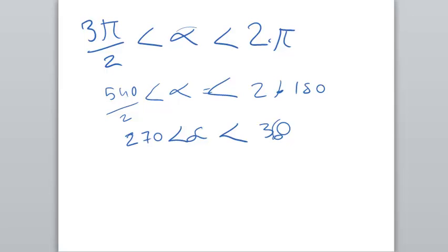The question says that angle beta, or you could say A or Z, I'll just use A for this. So angle A is between 3 pi divided by 2 and 2 pi, which means between 270 and 360.